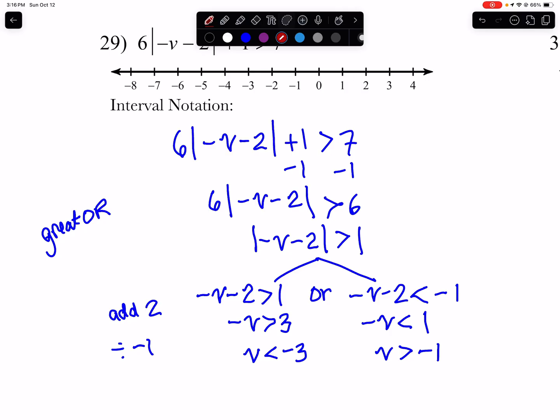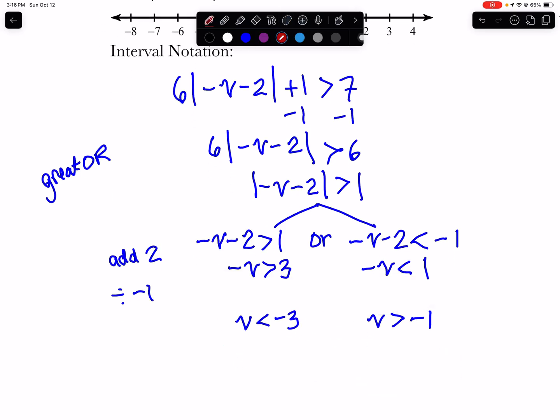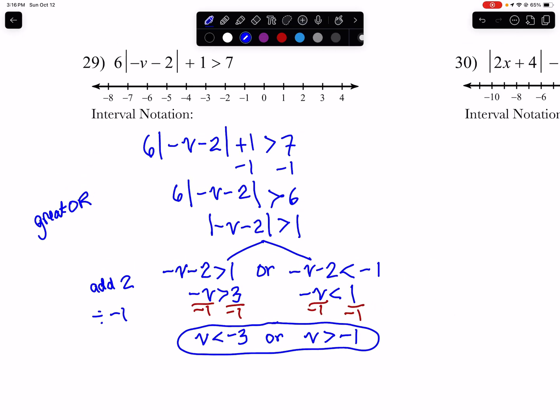So let me show my work a little bit better. On that step, we divided by -1, which triggers another flip. But we still get a nice pretty answer. So we're gonna do open circles, and this is OR. So it should go out like this.